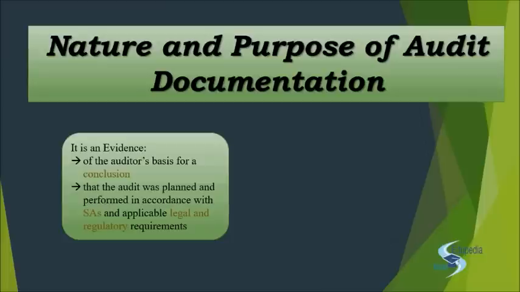So when you prepare a good audit document, right, that will help your team to plan and perform the audit. Because for example, when you're documenting the procedures, when you're documenting a work paper, now how do I say that it will help your team to perform an audit?